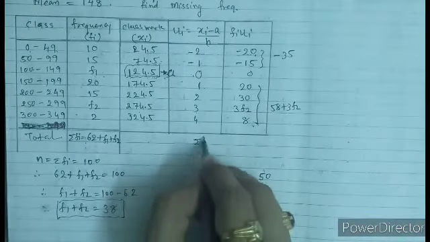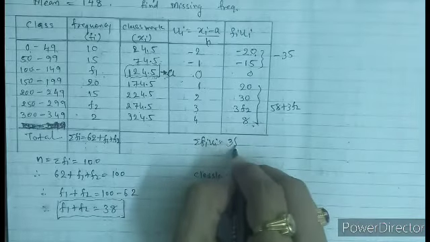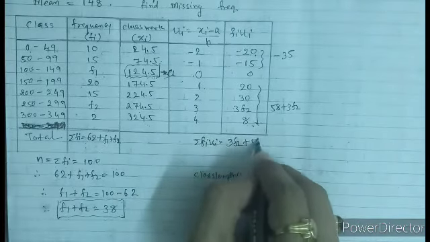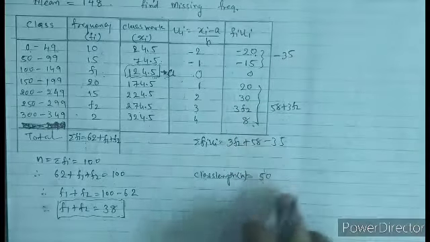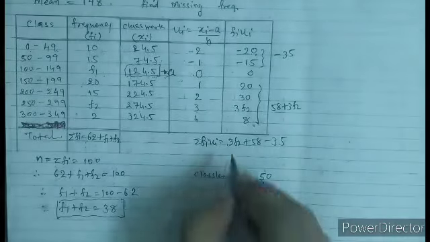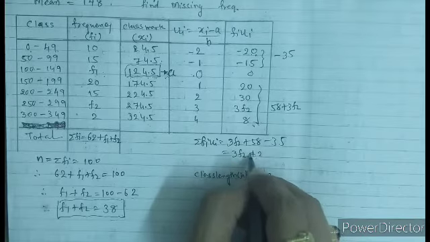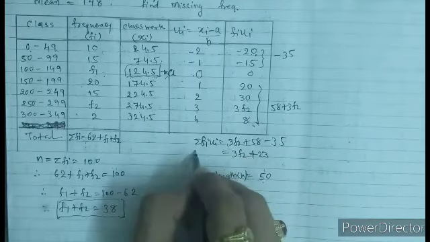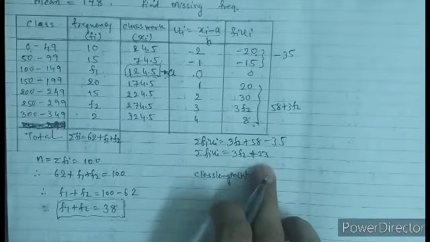Now sigma FiUi equals 3F2 plus 58 minus 35. Doing 58 minus 35, we get 3F2 plus 23. So this is sigma FiUi, which we got as 3F2 plus 23.